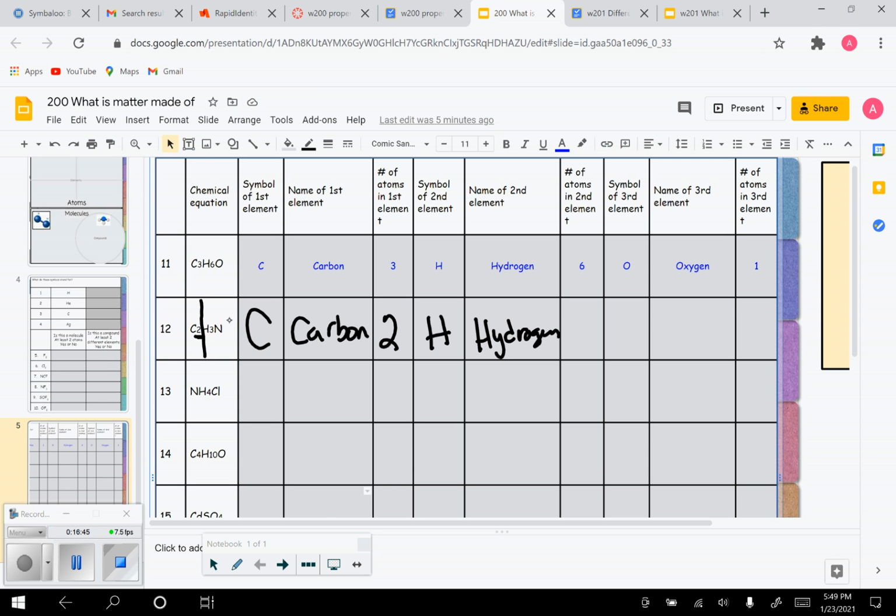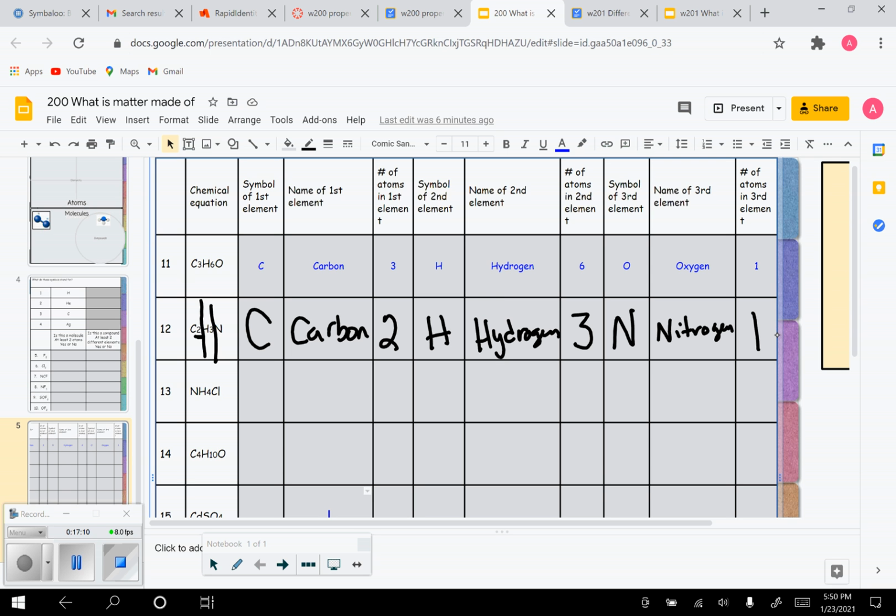Okay, and there are 3 hydrogens. Okay, that one's done. And the next one is N. Now I'm going to use my periodic table to find N means nitrogen. And there is no number, so I know there is 1.